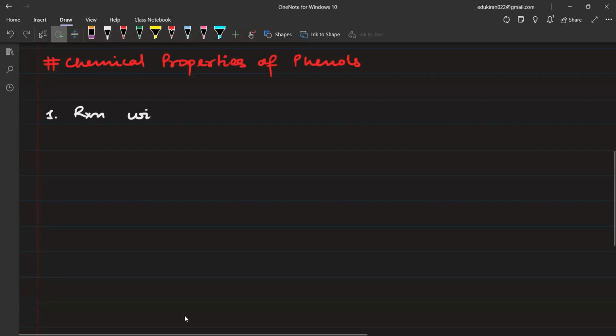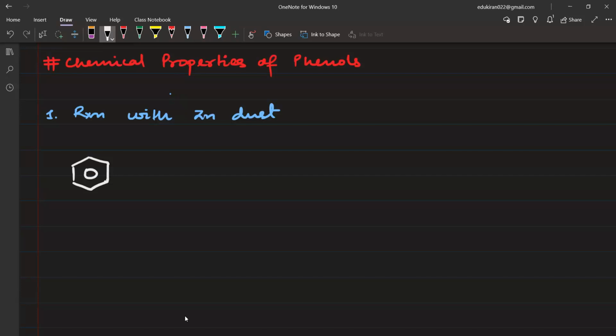Reaction with zinc dust. So a very easy reaction, and this is something important reaction also because here phenol directly gets converted to benzene ring. So you may see this in organic conversions plus Zn. It is going to give you benzene.